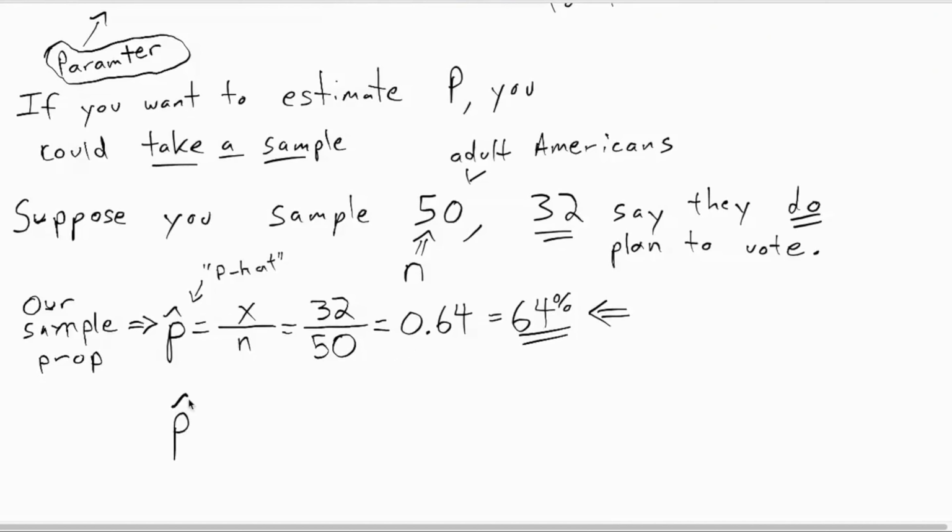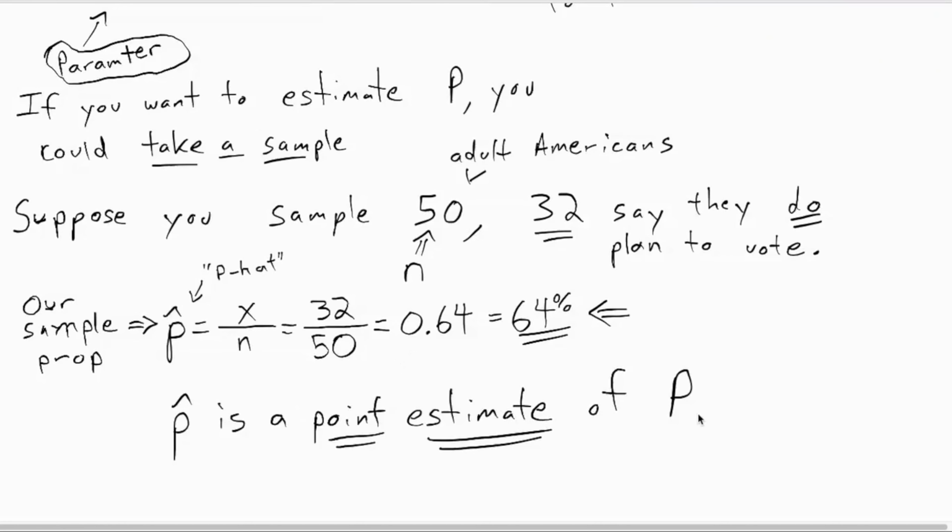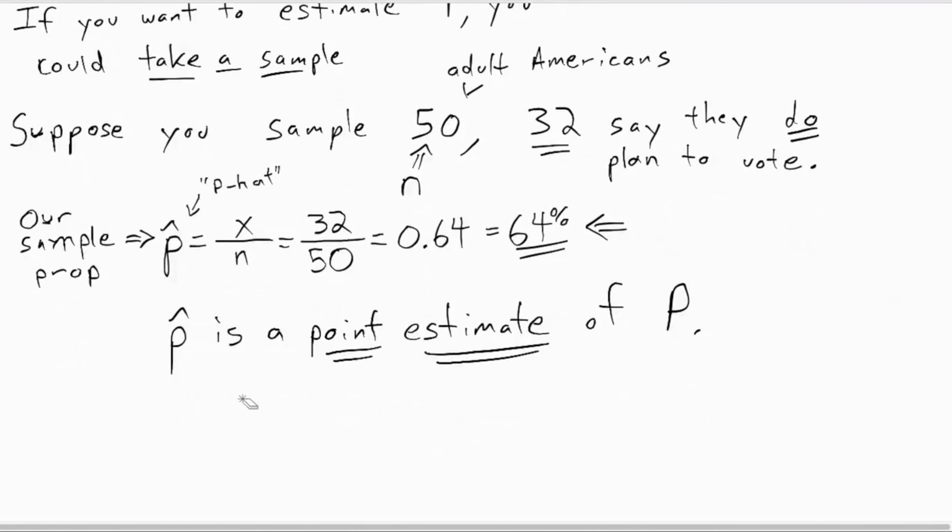P hat is what's called a point estimate of P. It's just one number, and that's kind of a problem. I mean, it's not a problem, but it's likely to be not perfect in its estimation. And so what we'd want is a better, more involved method to estimate P.